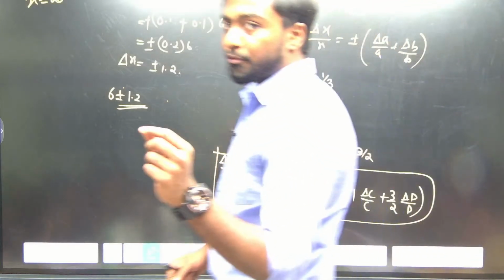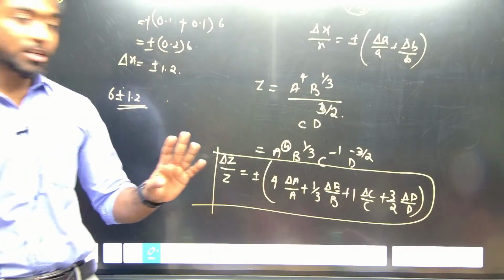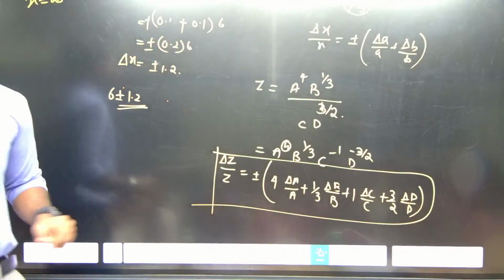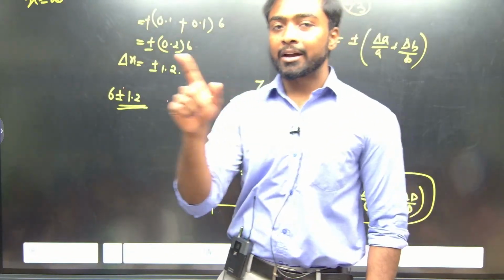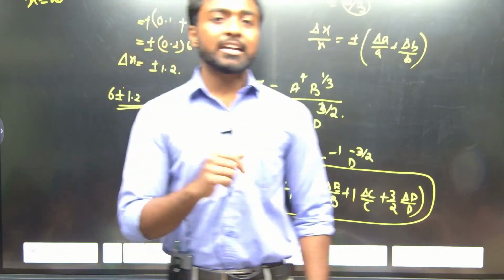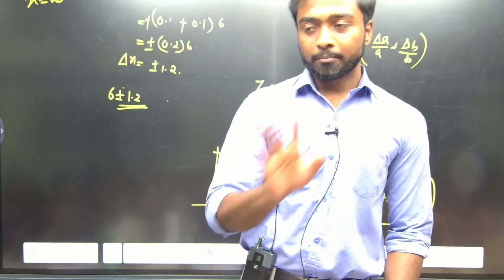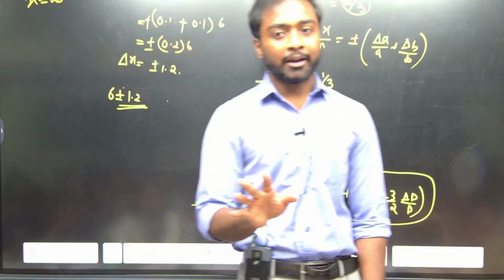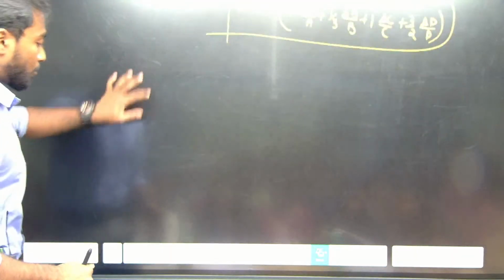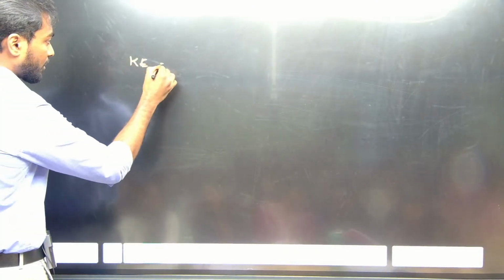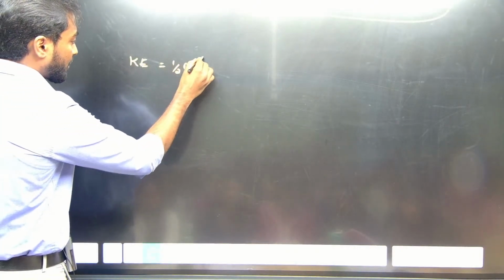just stick with the formula and stick with the question, don't think anything else. What we have learned for the percentage error formula, relative error into 100. What is relative error? Delta A by A, correct? Yes or no? Same thing I will apply here. What is the kinetic energy formula? Half mv square.